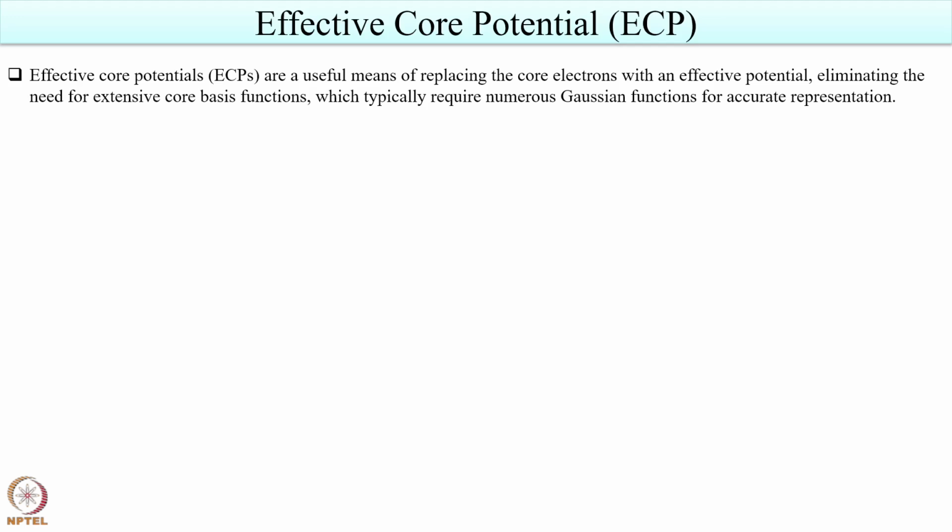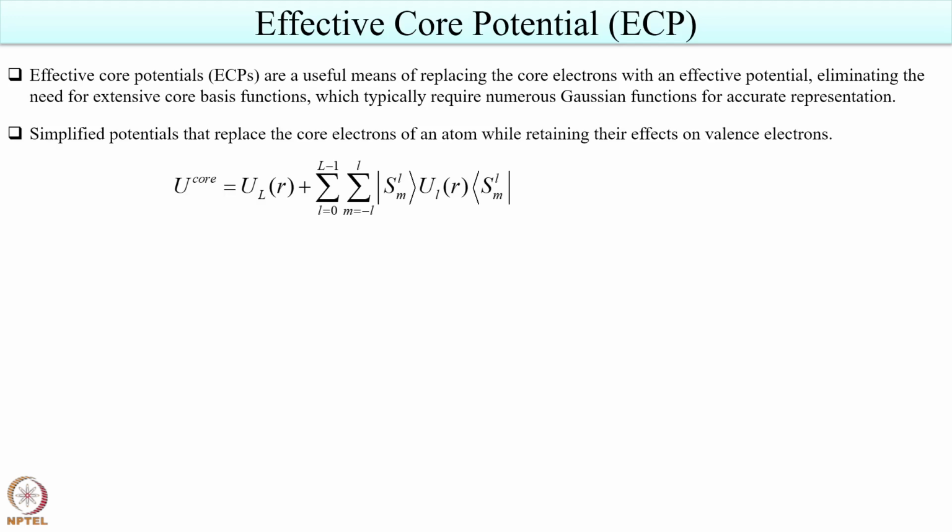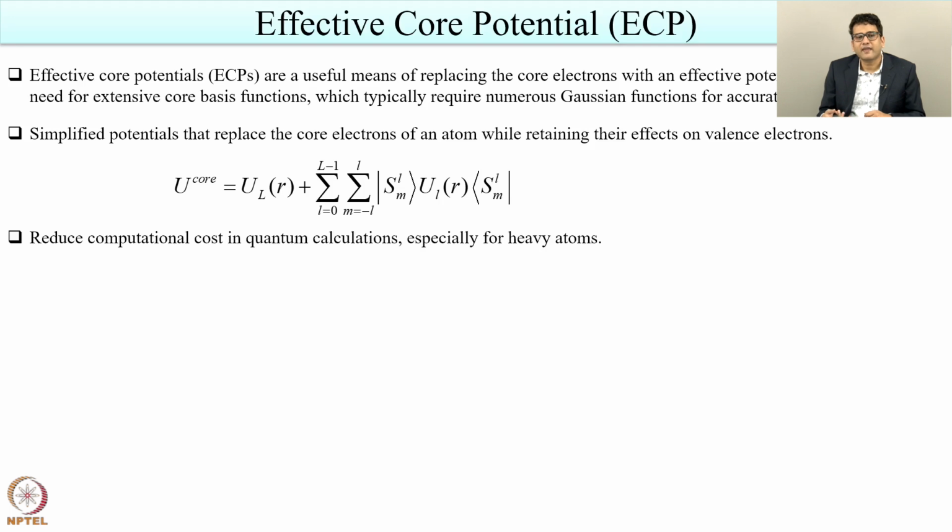What you do with the effective core potential is that you replace those basis functions and put a very simple potential of this form, so that the core electrons are replaced, but this potential reproduces the behavior of the core electrons, and that reduces the computational cost in the quantum calculation, especially for heavier atoms, because their core can have a large number of orbitals.